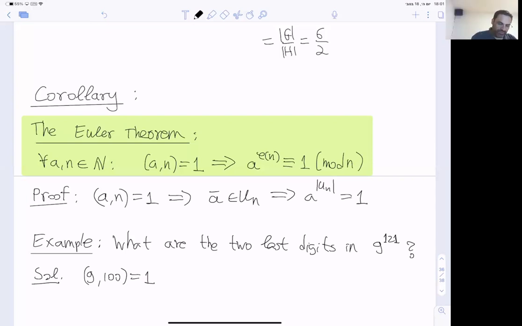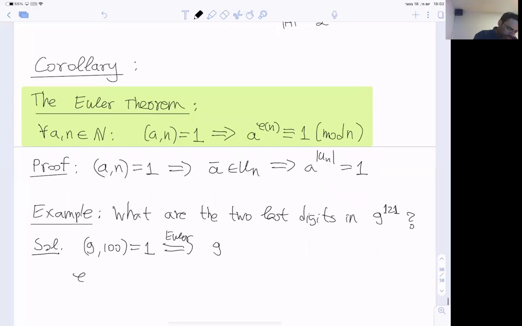So we know that 9 is coprime to 100. So by Euler, 9 to the power of phi of 100, what is phi of 100? It's phi of 4 multiplied with phi of 25.